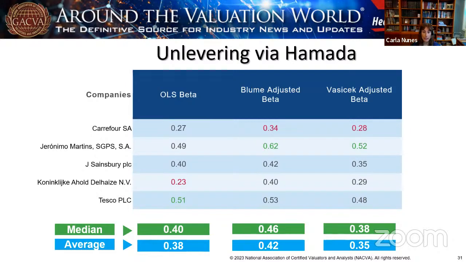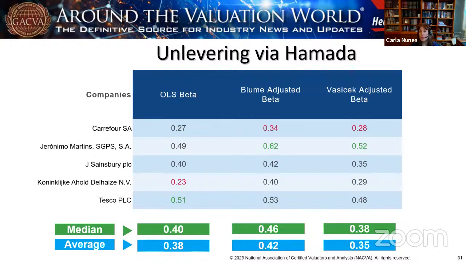The one thing we look at in terms of unlevering is the Vasicek-adjusted range, which tends to be a little tighter than the OLS betas in terms of the low and the high.